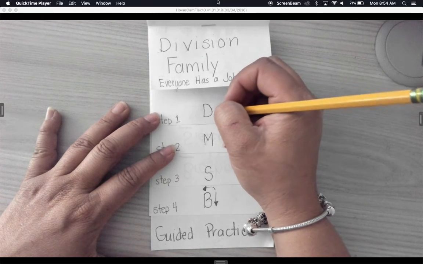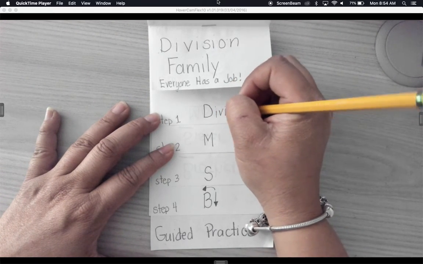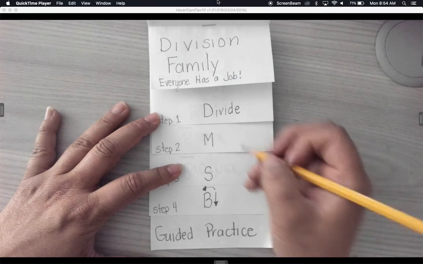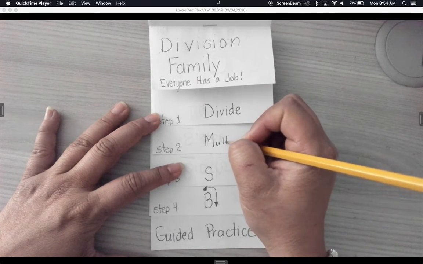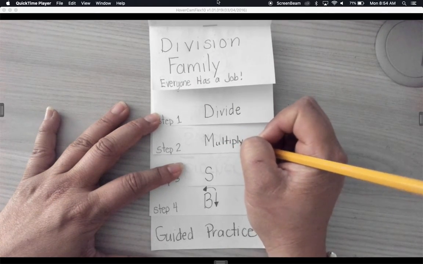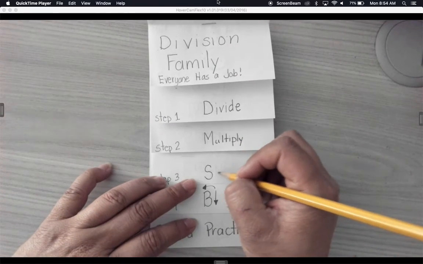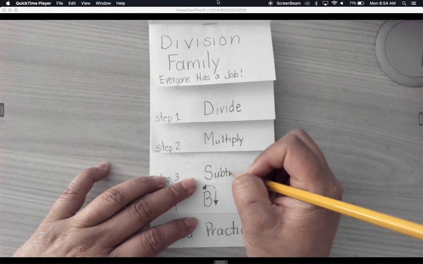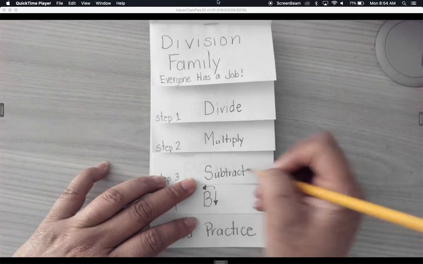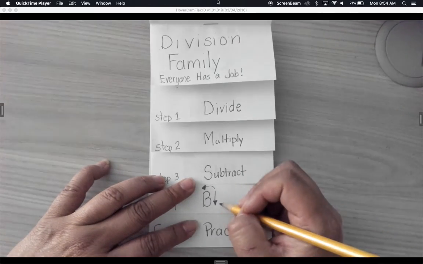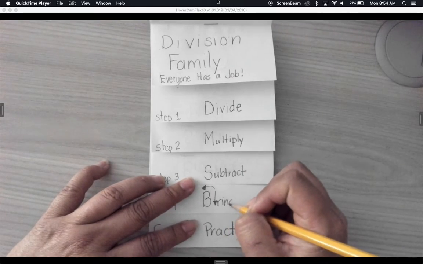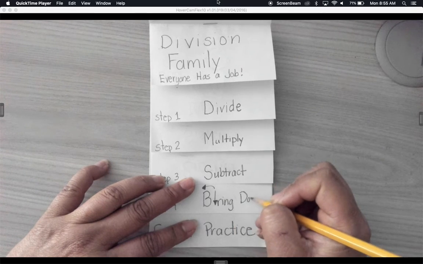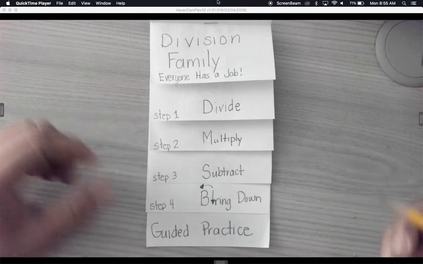Divide. What is step 2? Multiply. What is step 3? Subtract. And what is step 4? Bring down. And also to check, correct?